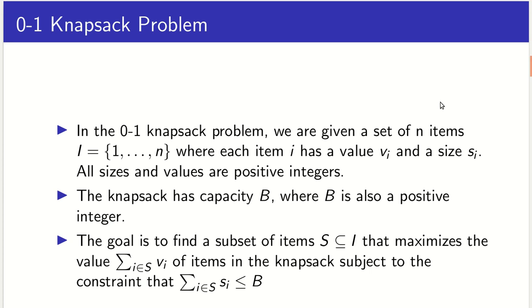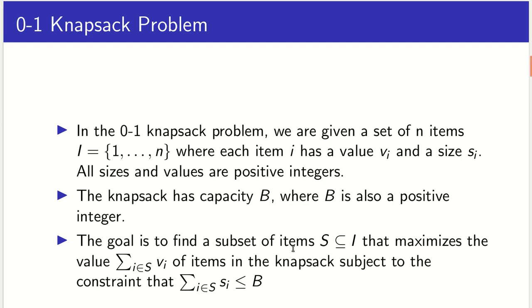So let me define the problem for the sake of completeness. In a 0-1 knapsack problem, we are given a set of n items where each item i has a value Vi and a size Si. And we are given a knapsack which has a capacity B. And all these values Vi, Si and B are positive integers.